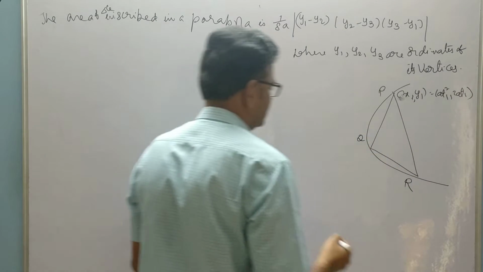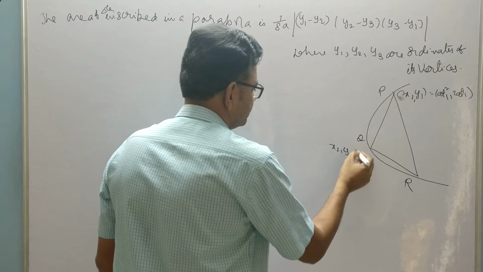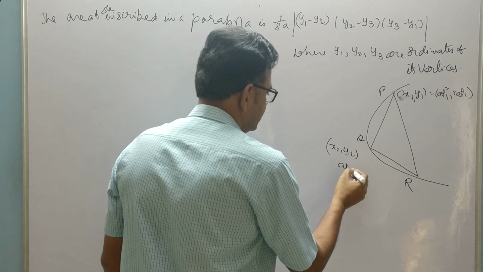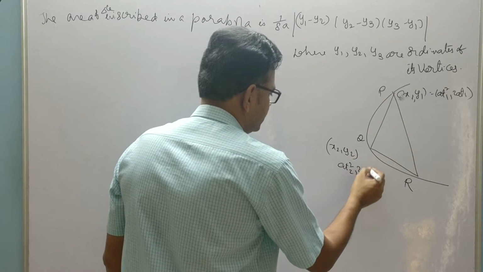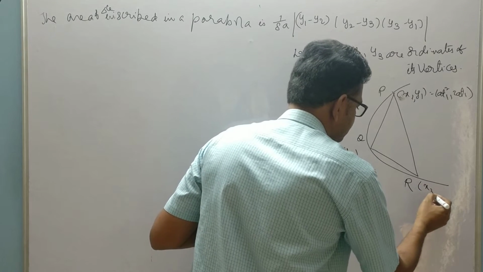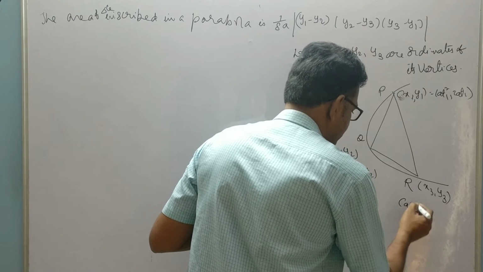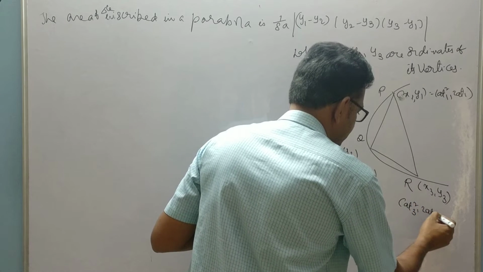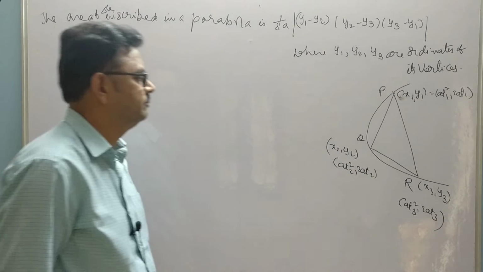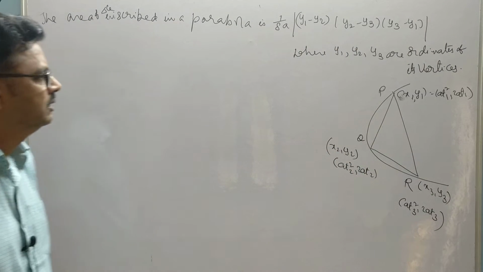One point is Q (x2, y2), that is (a t2 square, 2a t2), and one point is R (x3, y3), so this is (a t3 square, 2a t3). So for the 3 points, take the parametric coordinates.